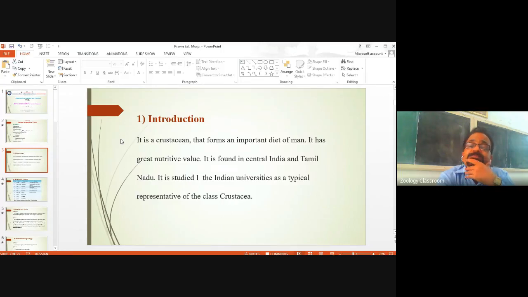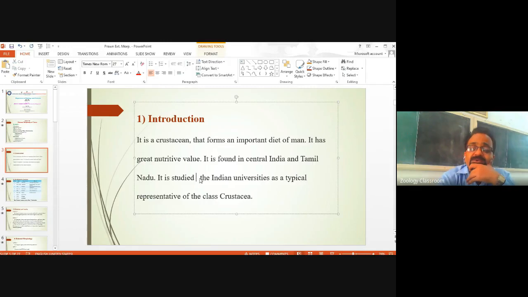Also, it is studied in different Indian universities as a typical representative of the class Crustacea. Other than the prawn, can you name some other crustaceans that you know? Please name some other crustaceans that you know.